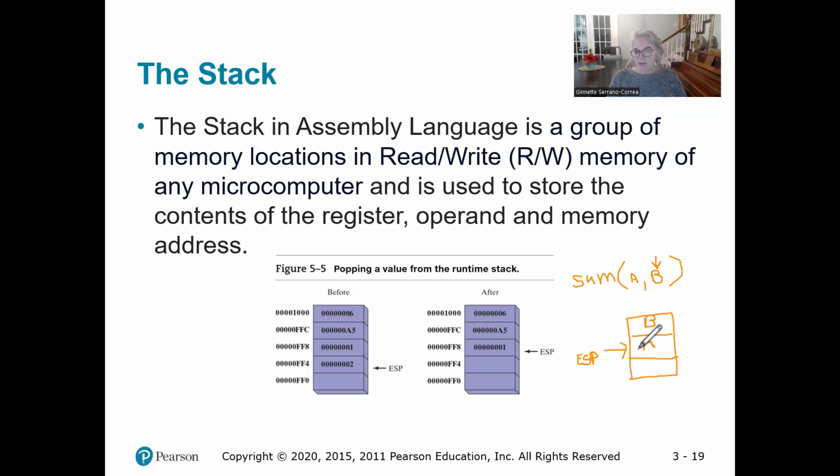If I take something off the stack, that A is going to be taken out first, and then this ESP pointer is going to move up. So if I pop A, ESP would now be pointing here.